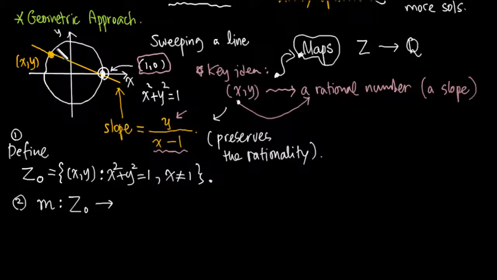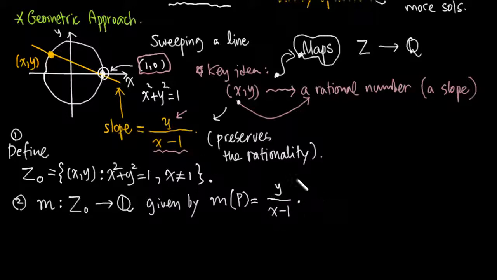Whenever you have a point here, we can define the slope as a number. This is given by the following formula, where P has x-coordinate x and y-coordinate y, rational numbers. Then we define it like this: y divided by x minus 1. Since x is not equal to 1, this makes perfect sense, as the denominator is not going to be 0. So we define this map.